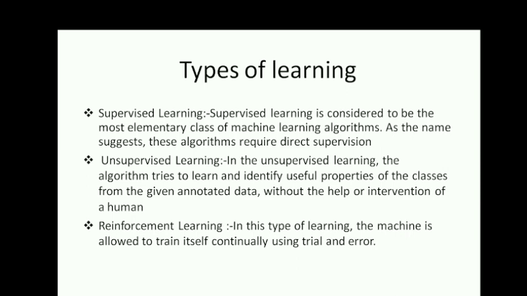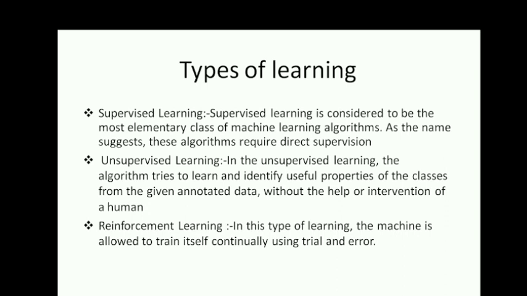As the name suggests, this algorithm requires direct supervision, and the system is able to provide targets for any new input after sufficient training. In unsupervised learning, the algorithm tries to learn and identify useful properties of the classes from the given data without human intervention.